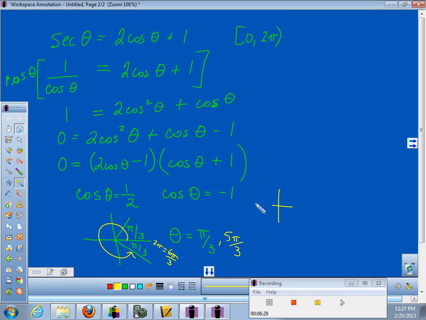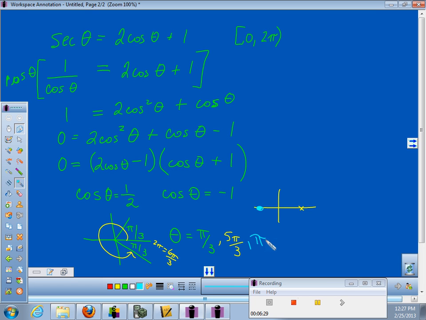Well, cosine is positive 1 at 0. So therefore, it's negative 1 where? It has to be negative 1 over on the other side. And in radians, that angle is what? Pi, not 180. So that would give us an answer of pi, and we would have, in this case, 3 solutions.